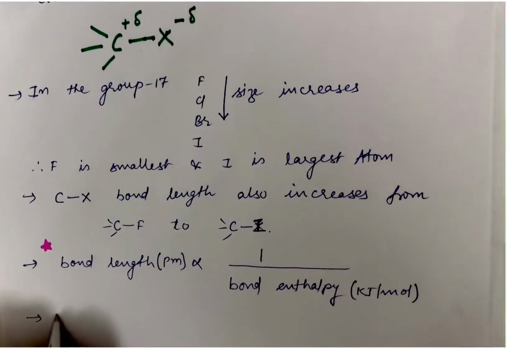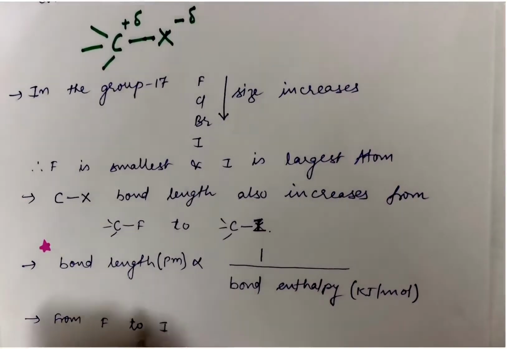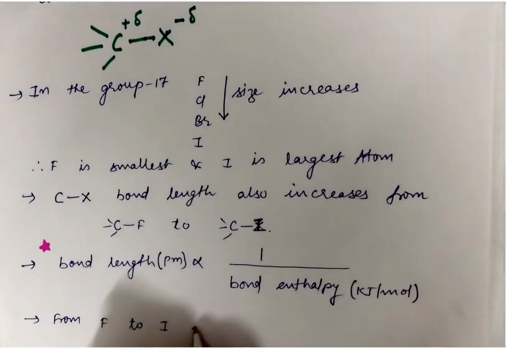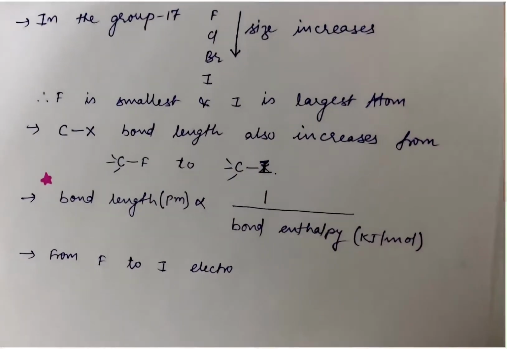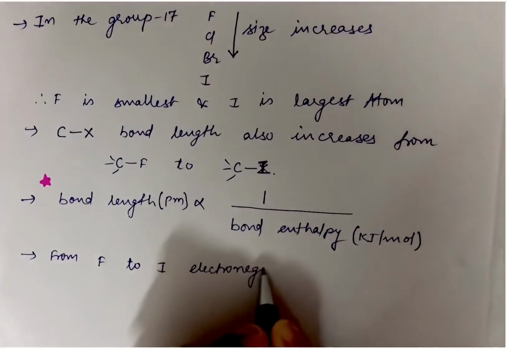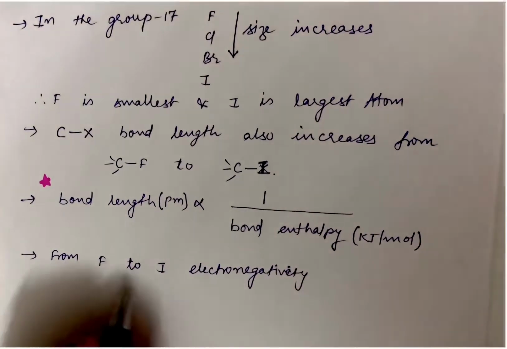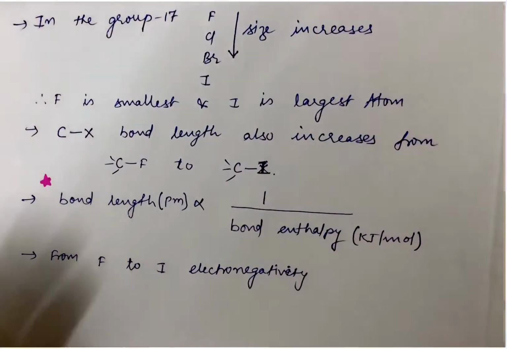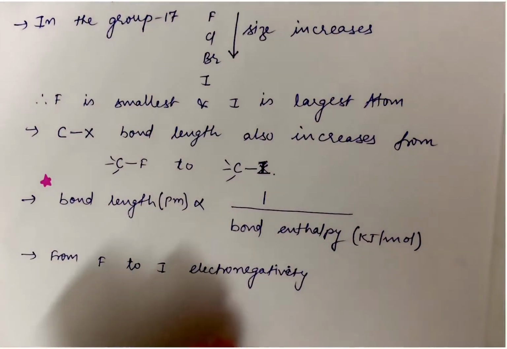Now students, from fluorine to iodine, when you are moving down in the group, and if I wish to discuss this particular property of electronegativity, what can you say about it? Obviously, I told you when size increases, your electronegativity will be decreasing.